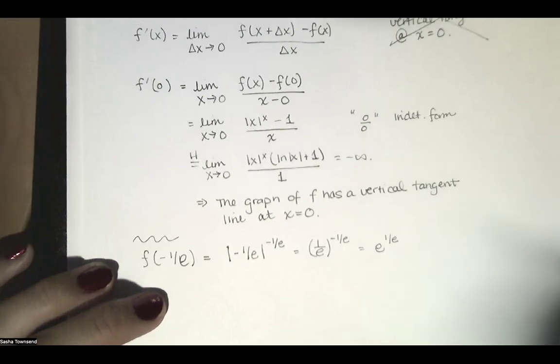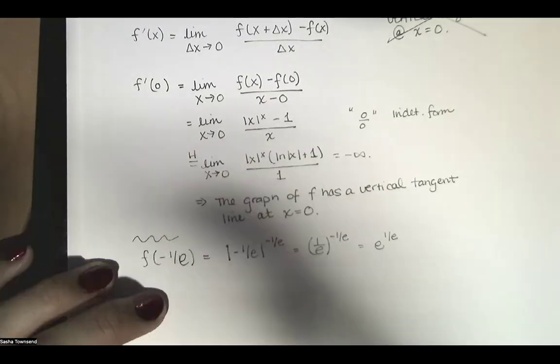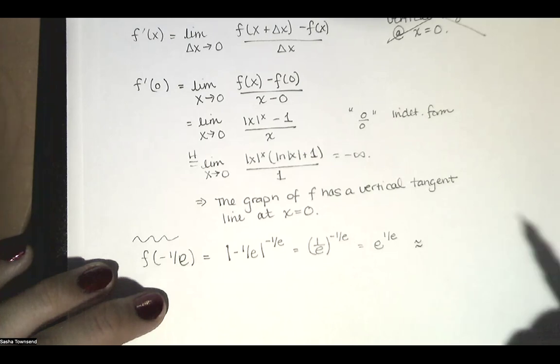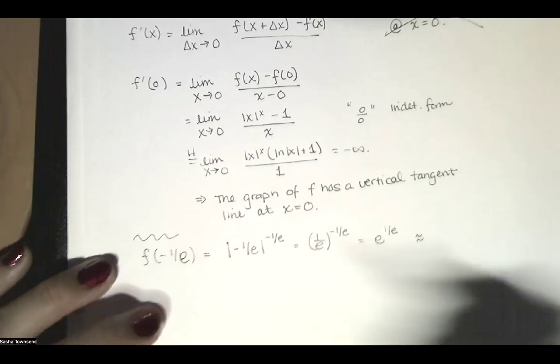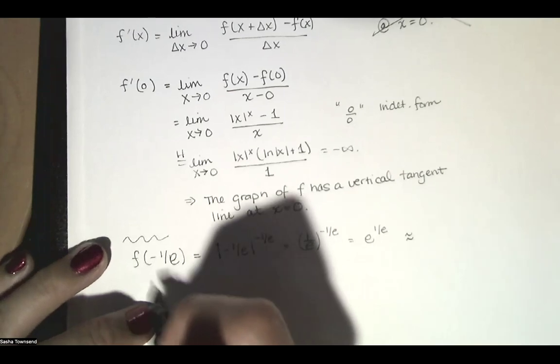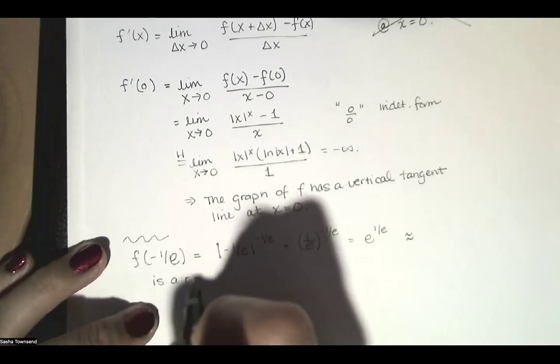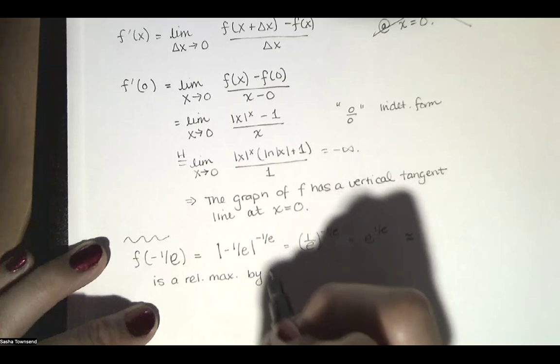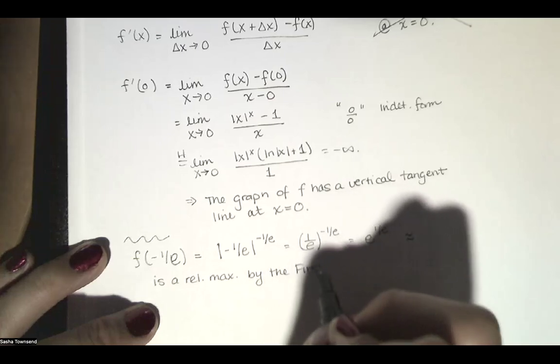So it's actually e raised to the 1 over e power. I don't actually know what that is. That's about 2.7 raised to something a little bit larger than 1/3. That is a relative max by the first derivative test.